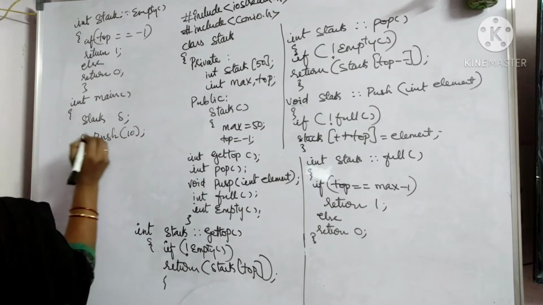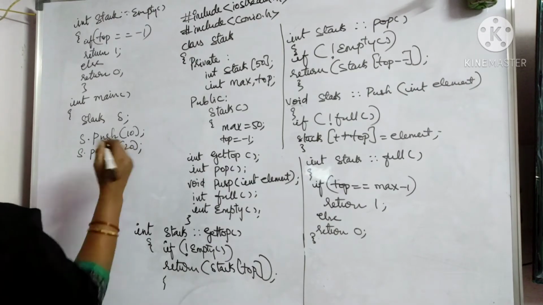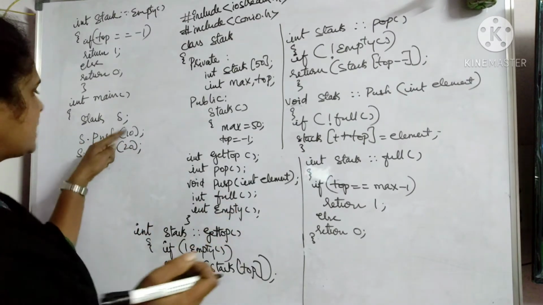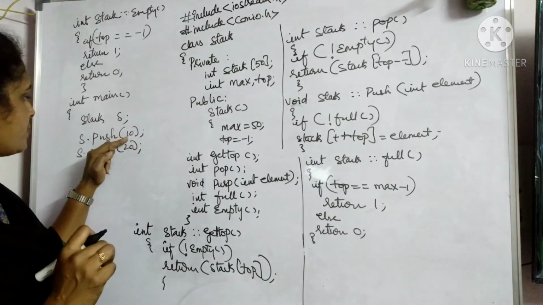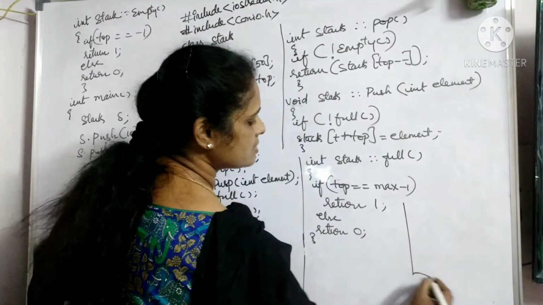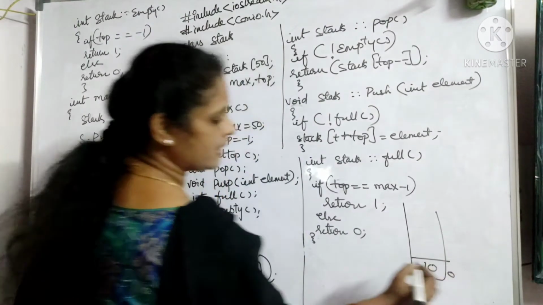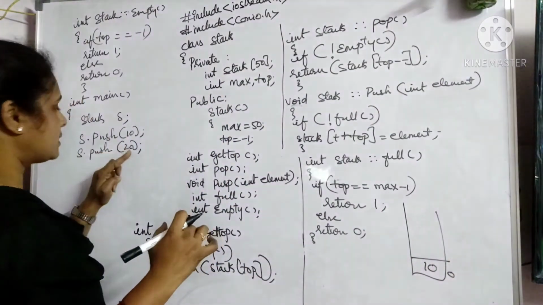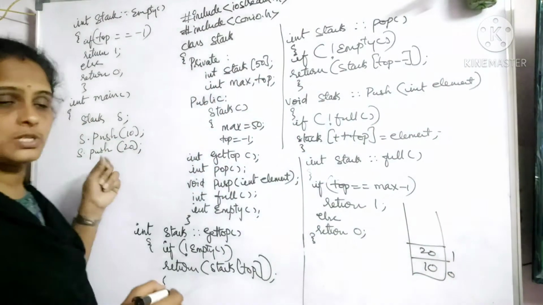Then let me take S dot push 20. So what happens internally is, with push 10, the 0th position is full. Then I have given push 20, so the first position is full.